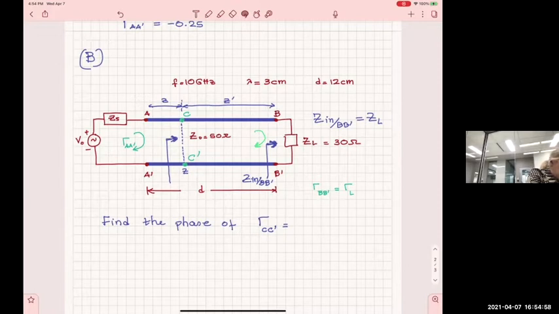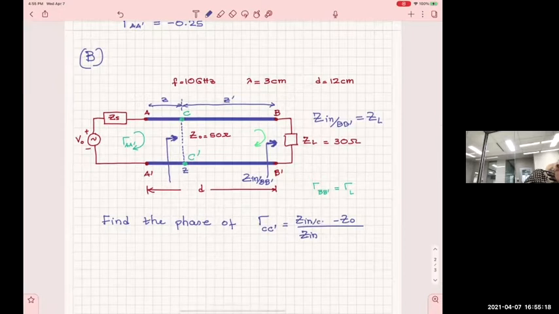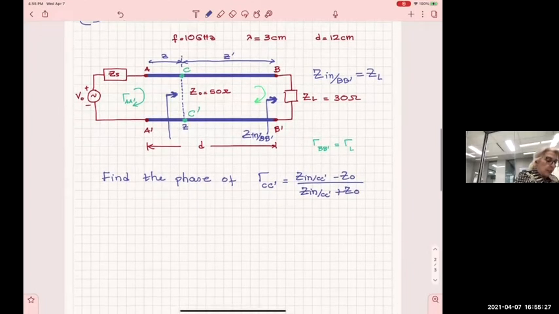So in that position at Z, it's going to be Z input at Z minus Z naught over Z input plus Z naught. Practically, instead of Z, I'm going to put C prime, minus Z naught, plus Z naught. Okay, so that is the expression.